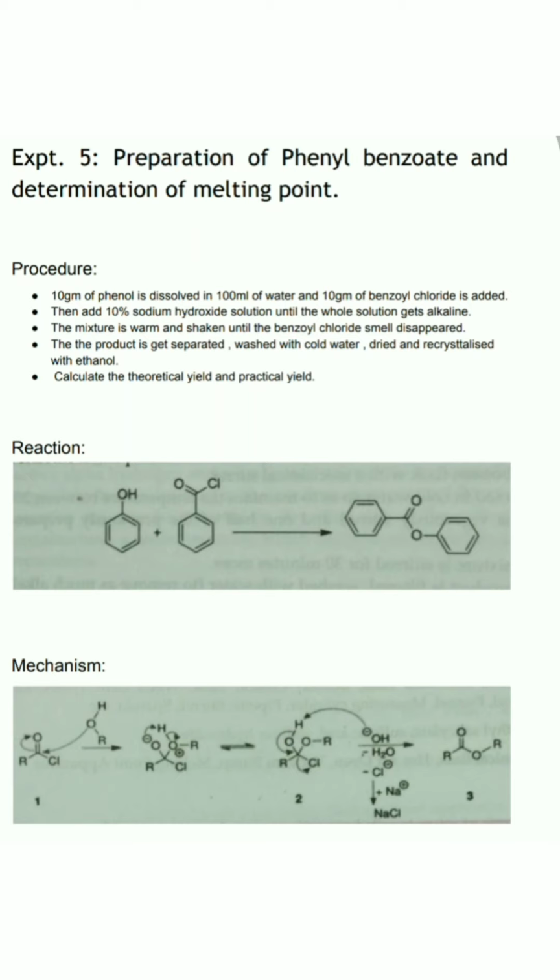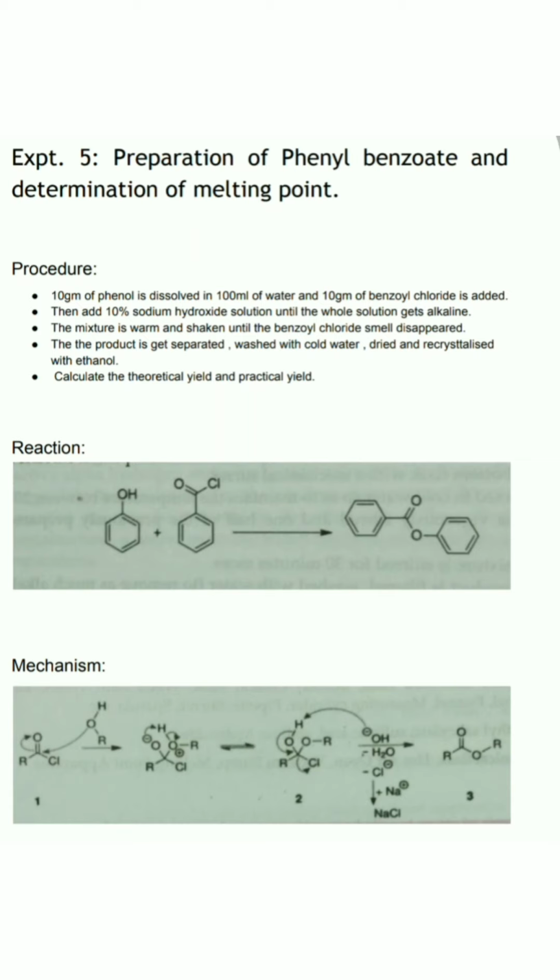Now in the last experiment we saw that we are facing a problem in the calculation of the theoretical yield. Many of you have done it as a percentage, but here we have to clear it once more. We have taken the starting material as two things, phenol and benzoyl chloride. We will take the benzoyl chloride as the starting material. Correspondingly, we have to calculate the molecular weight of the benzoyl chloride and the molecular weight of the phenyl benzoate.